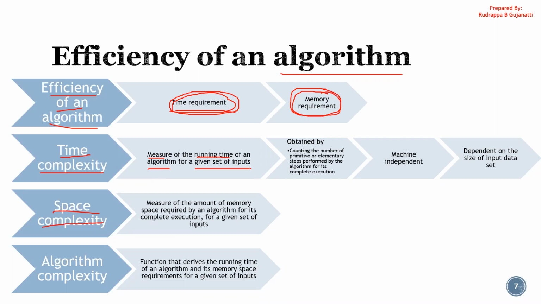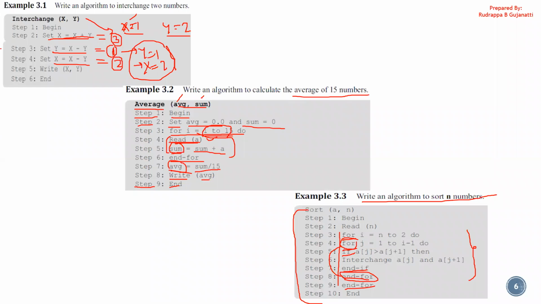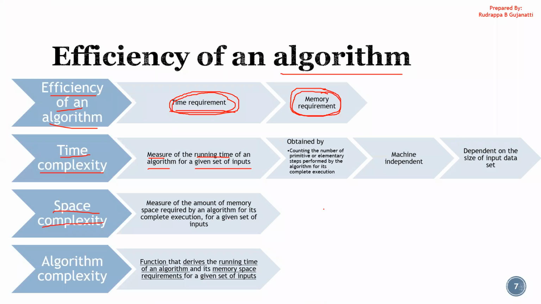Now, how is the time complexity obtained with respect to an algorithm? Here you can see that there are 6 steps, there are 9 steps, there are 10 steps, and there might be looping constructs. All these steps indirectly give us the indication of the time complexity.